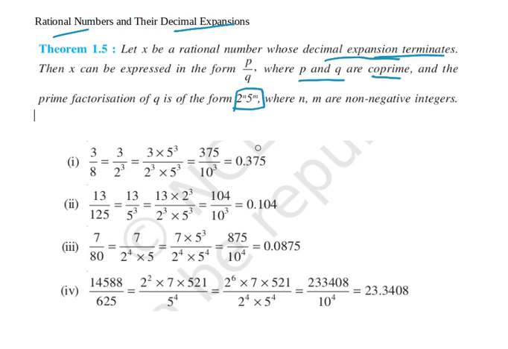One will be terminating, another will be a repeating pattern. In the last class we learnt that if it is a repeating or terminating pattern, we bring the decimal expansion into rational number form. We assumed it as x, multiplied, subtracted the two terms and brought it into a fractional form.